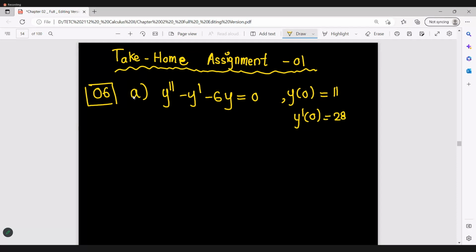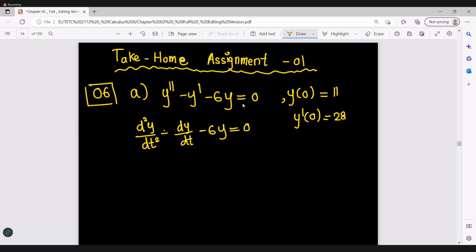So if we use the dy over dx or dy over dt formula, how do we write this problem? This is similar to d squared y over dt squared minus dy over dt minus 6y is equal to 0.